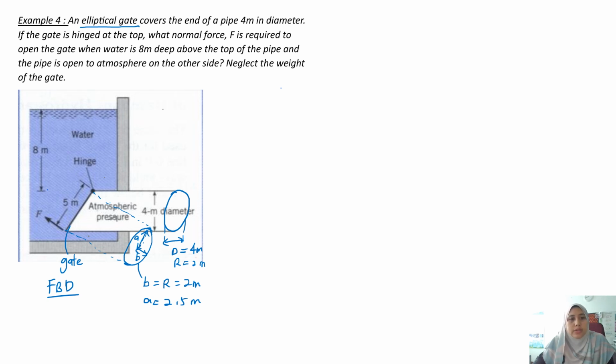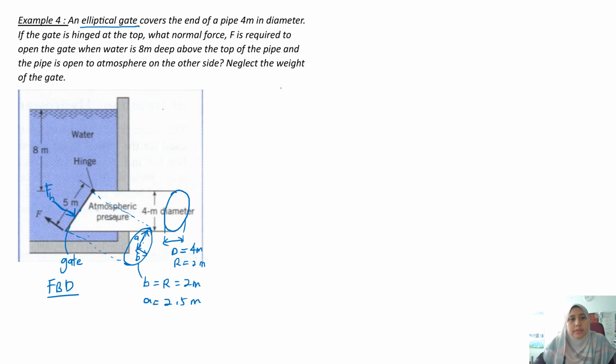So where is the hydrostatic force? It's slightly below the centroid. So let's say this is the centroid. The hydrostatic force must act slightly below, through CP. CP is the center of pressure. So it is somewhere below the centroid.